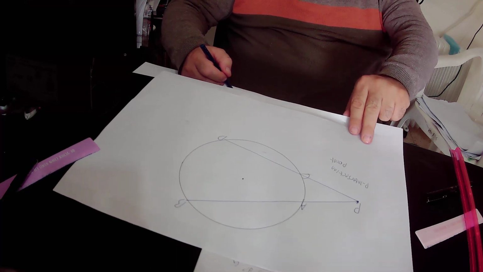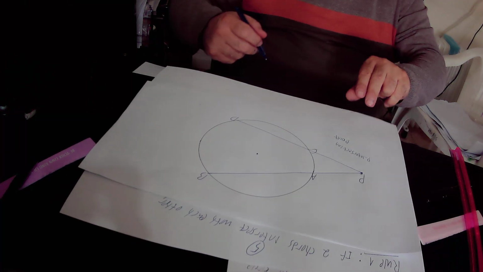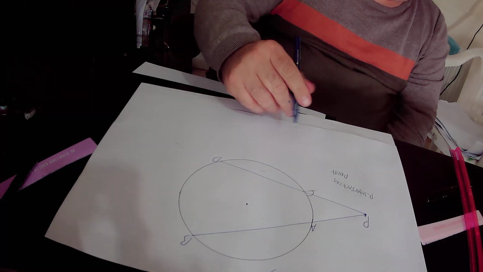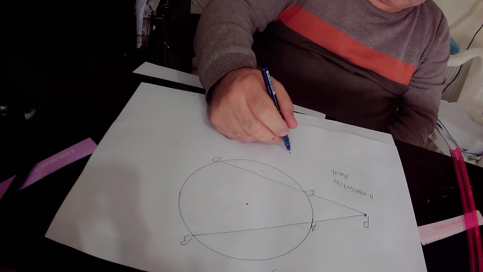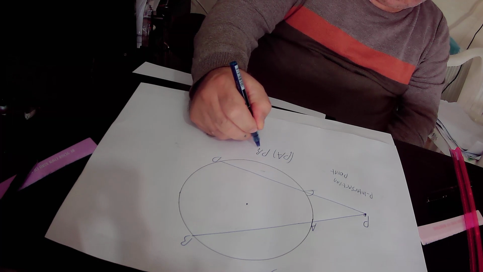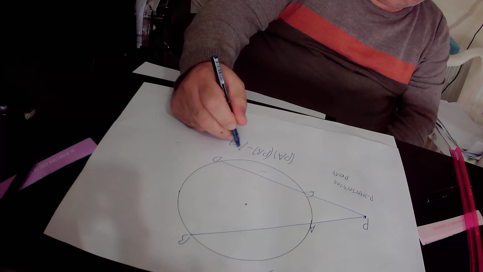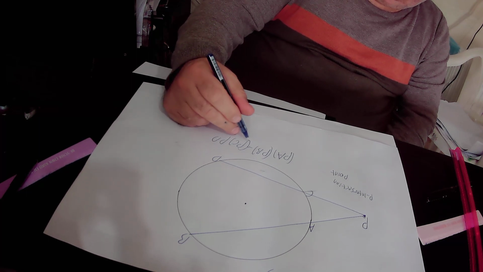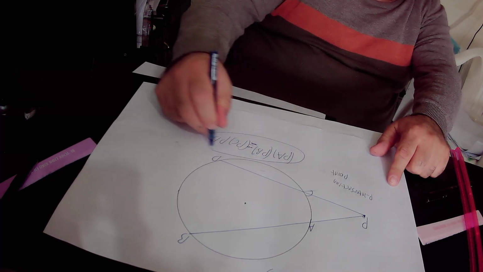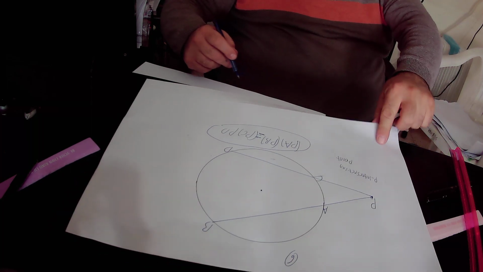So here, according to rule number 3, we will get that PA times PB equals PC times PD. Okay, I'll repeat again. PA times PB equals PC times PD. Okay?